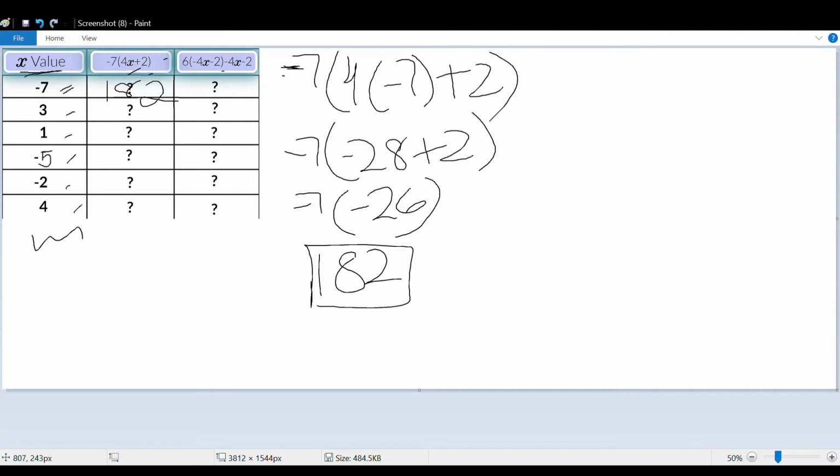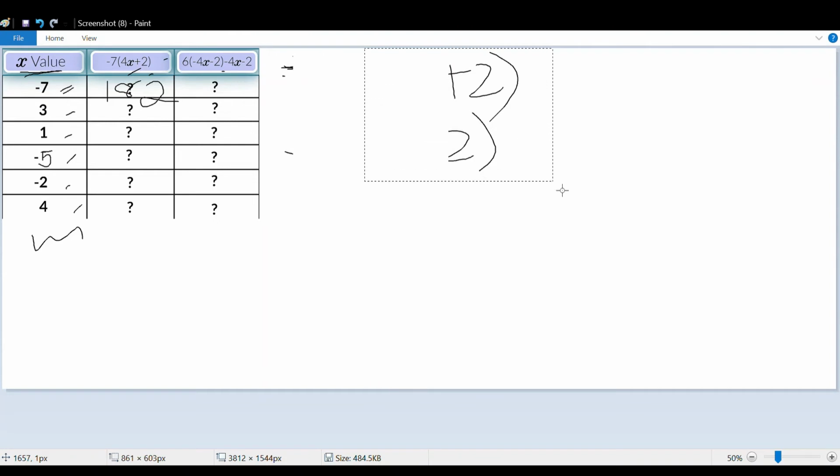Okay, so we figured that out. Now we can delete all of this for more room. So now we know that when we put -7 in this equation, we get 182. Now we have to put -7 in this equation and see what we get.